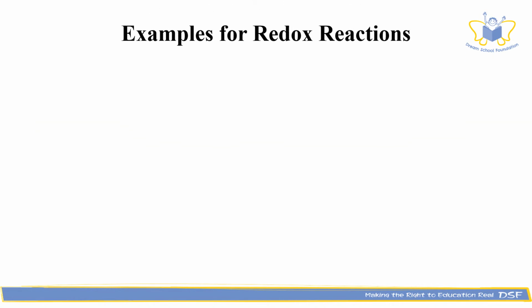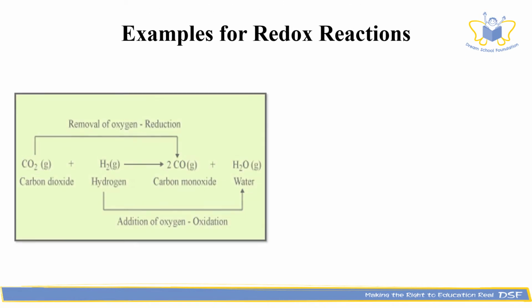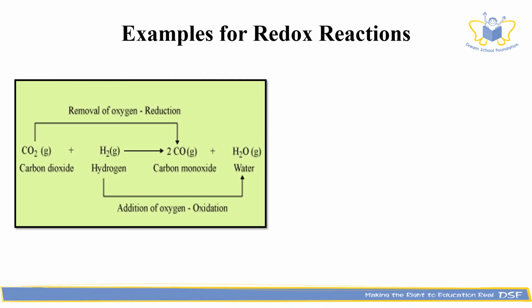Some of the examples of redox reactions: in the first block example, the removal of oxygen is called reduction and addition of oxygen is called oxidation. In the chemical reaction, carbon dioxide is reduced to carbon monoxide and hydrogen is oxidized to water. So, reduction and oxidation take place simultaneously.